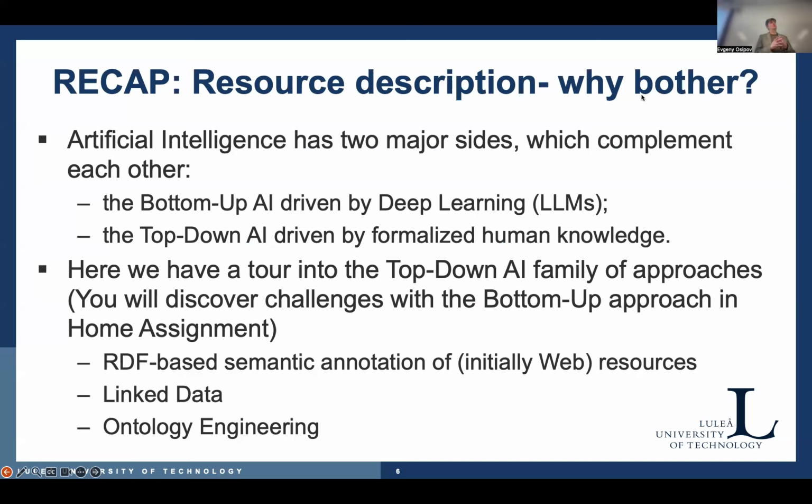So again, why do we need to describe resources? In the context of AI, we always want to make a connection of a physical world to a digital world, and there are basically two main approaches.